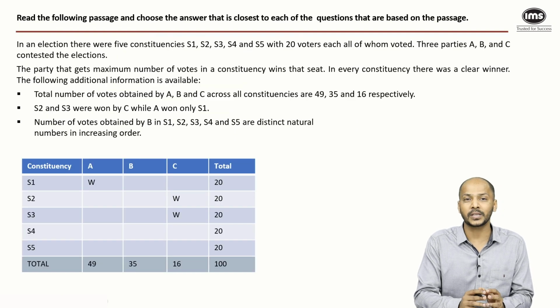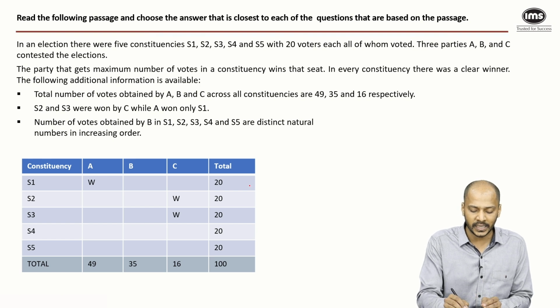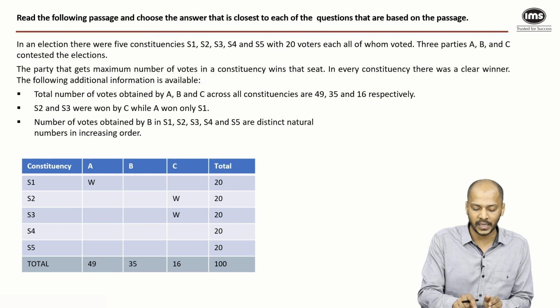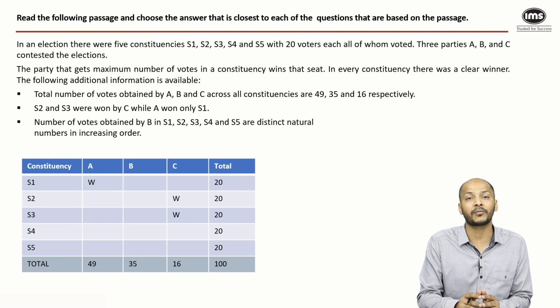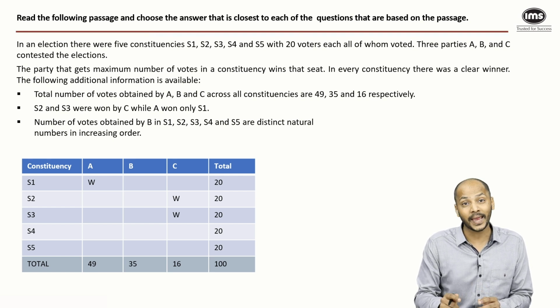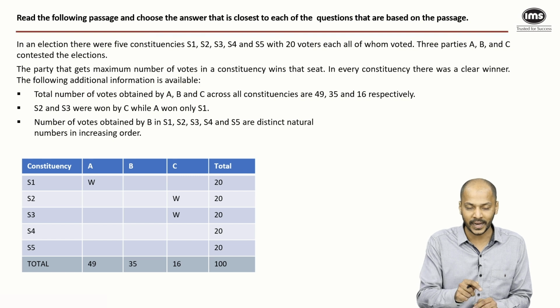All right. So this is what was summarized in a table. Whatever was given, I've summarized in a table. The total votes in each constituency are 20, and we know who the winners for S1, S2, S3 are, and the total votes of A, B and C across the 5 constituencies have already been given to us. Now we need to apply our logical reasoning to identify what the numbers should be.